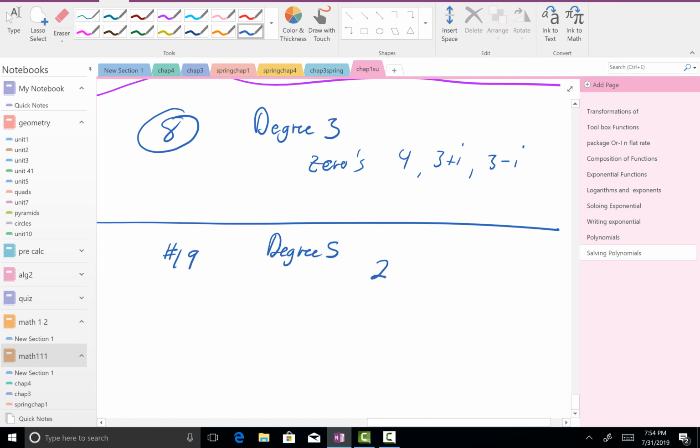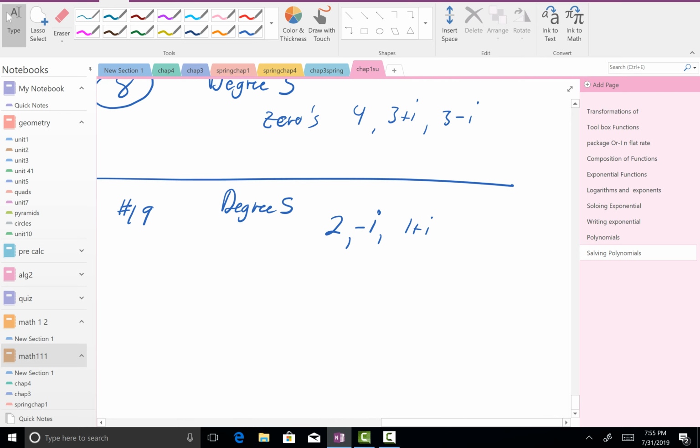The zeros are 2, negative i, and 1 plus i. Okay? Now, this has to have 5 solutions. We've got 3 of them. That means there's 2 left out there hanging. What are the other 2 have to be? Plus i and 1 minus i. Okay? Now, I want you to write a polynomial.